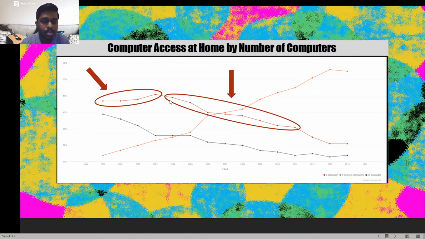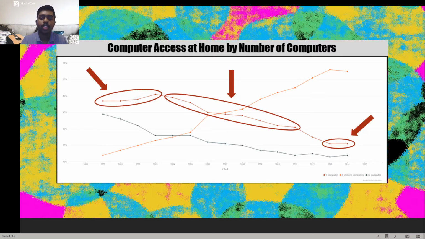Because from year 2004 it decreases from 48% to around 40%. From 2006 to 2011 it decreases from 40% to 31%.